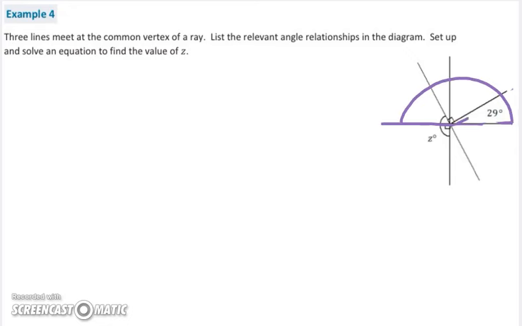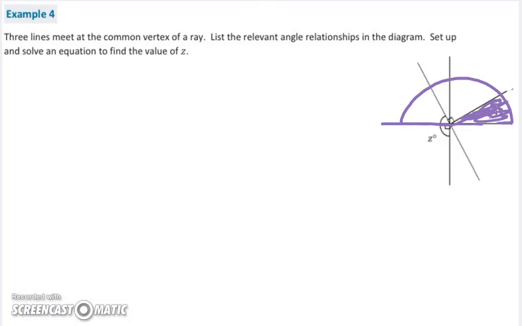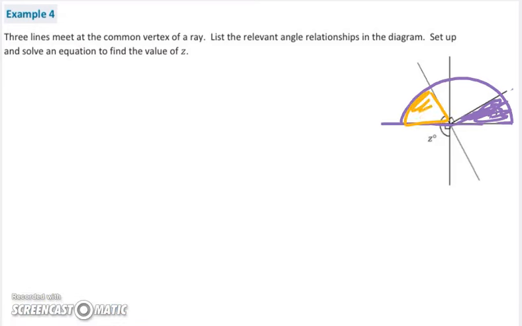Well, we know this chunk here is 29. We don't know what this angle is. But we do know what this angle is right here. That's that 90 degrees. So this is something we can deal with now. Let me erase all this stuff on the inside here. I'll keep my straight angle and my semicircle.